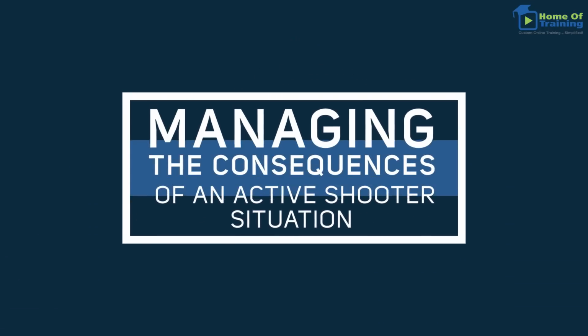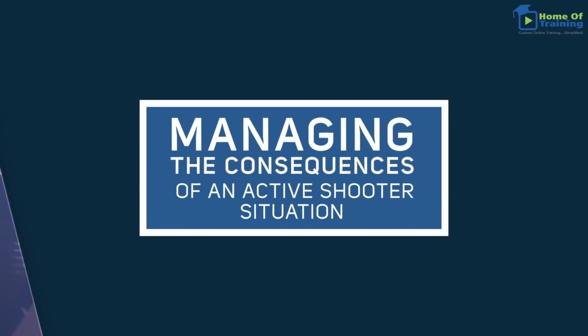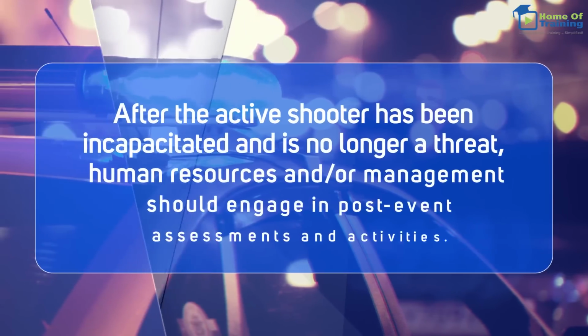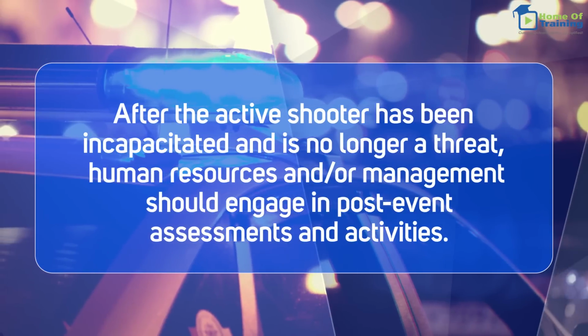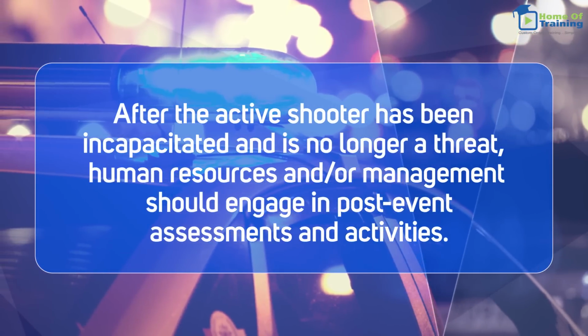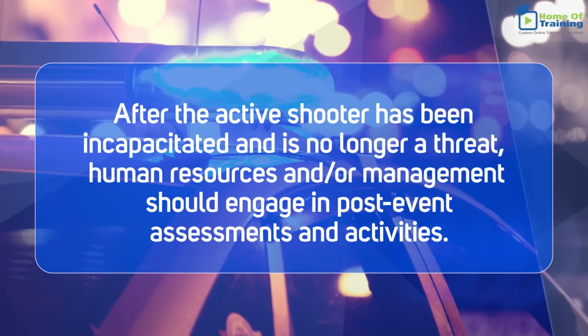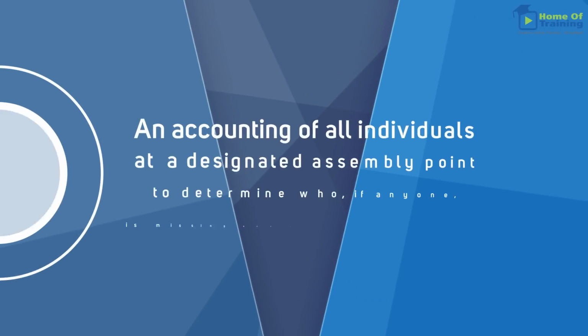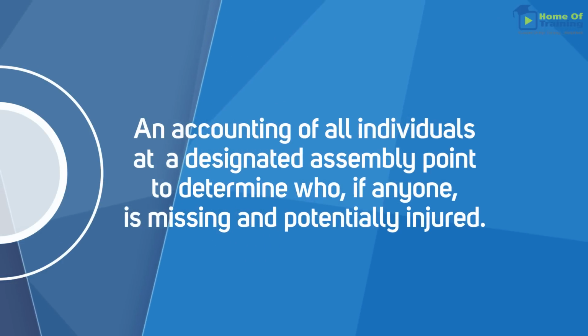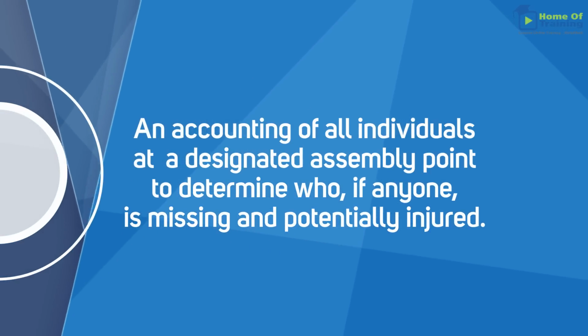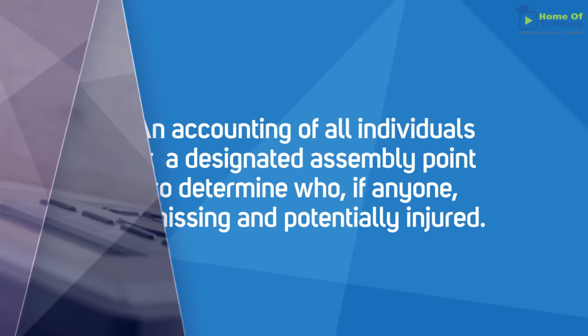Managing the consequences of an active shooter situation. After the active shooter has been incapacitated and is no longer a threat, human resources and/or management should engage in post-event assessments and activities, including an accounting of all individuals at a designated assembly point to determine who, if anyone, is missing and potentially injured.